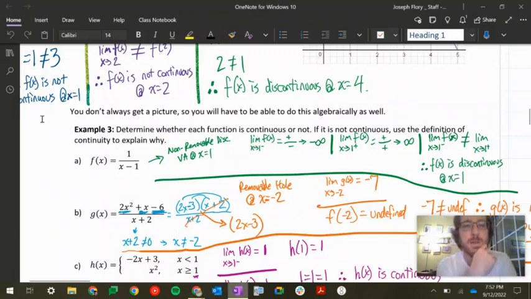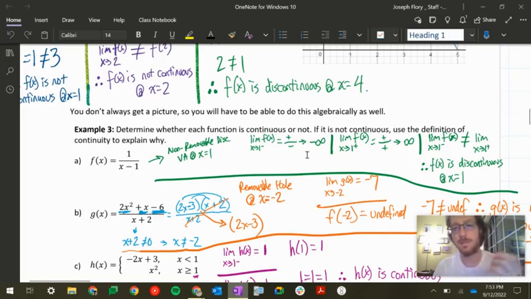Okay, f of x equals 1 over x minus 1. Simple rational function shifted to the right 1. Set that denominator equal to 0. We've got a vertical asymptote at x equals 1. We already know there's a discontinuity there, but using the definition, we need to show left and right-sided limits, which, again, imagine values getting closer and closer to 1 from the left.